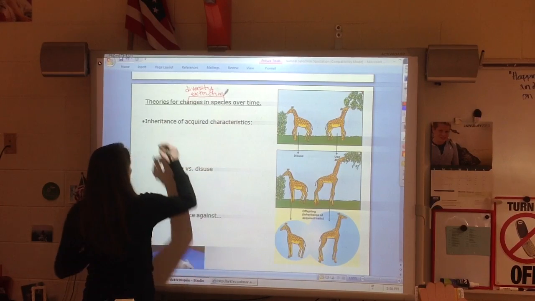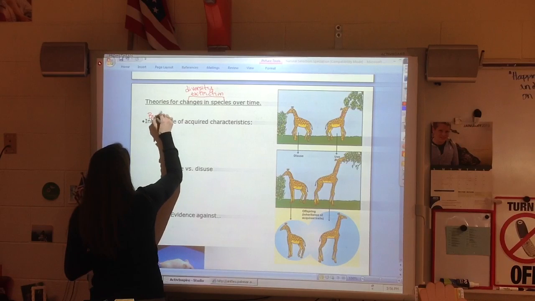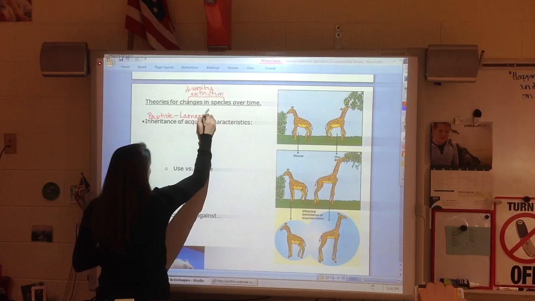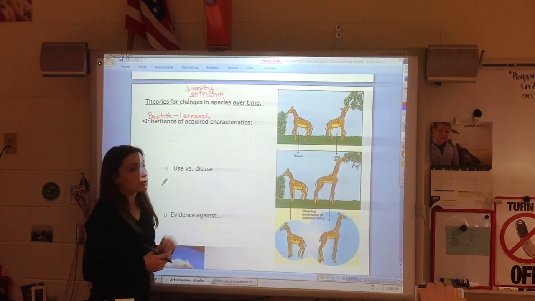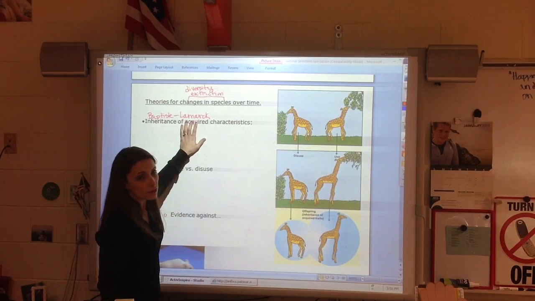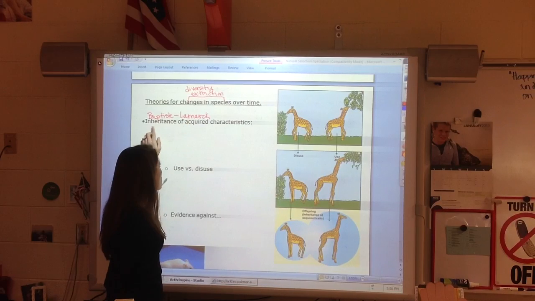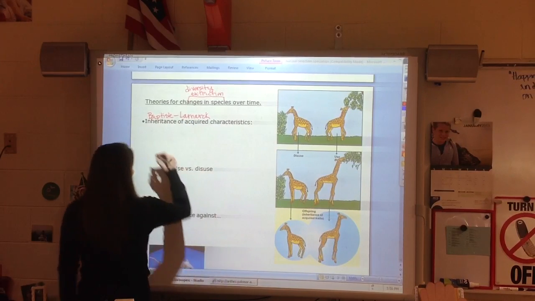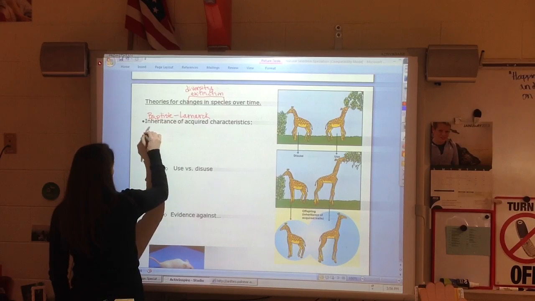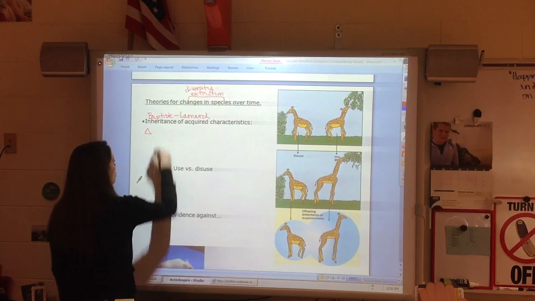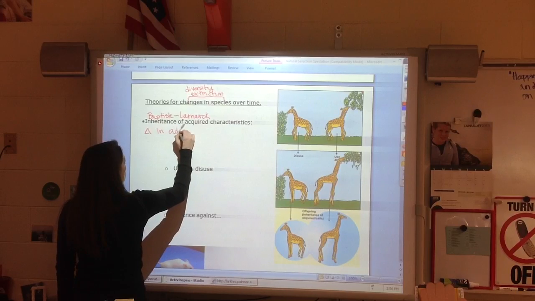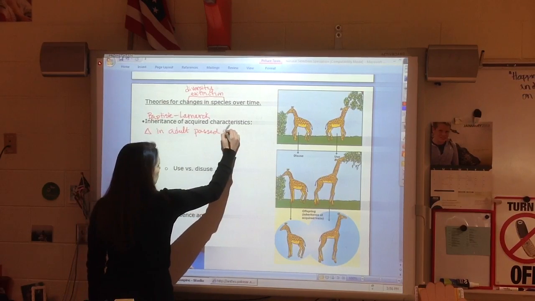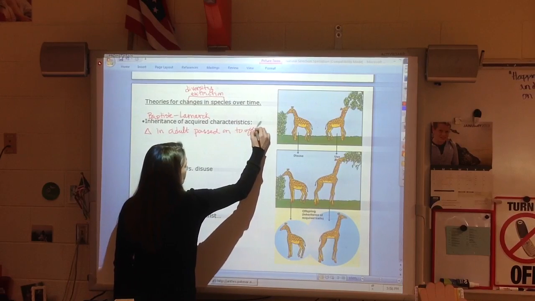And this theory is from Jean-Baptiste Lamarck. We do need to know his name, and a lot of times you'll just see it referred to as Lamarck. Lamarck had a theory of acquired characteristics, and the theory is basically that any changes, remember delta is change, in an adult could be passed on to the offspring.